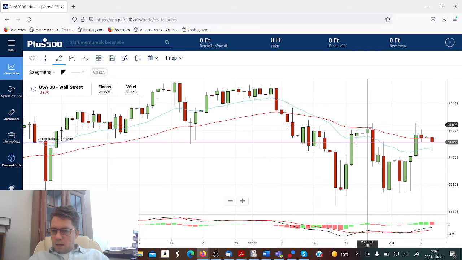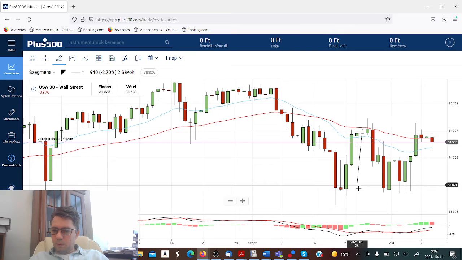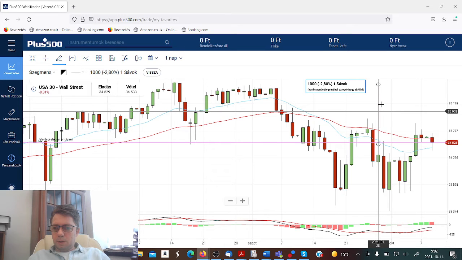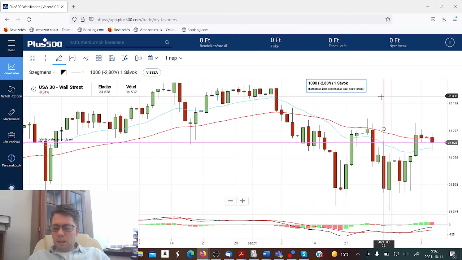This is the neckline here, and we are going from the top to the bottom. Let's not count the wicks, and here we go. Okay, and now I'm going to put it on the neckline so we can measure the target.